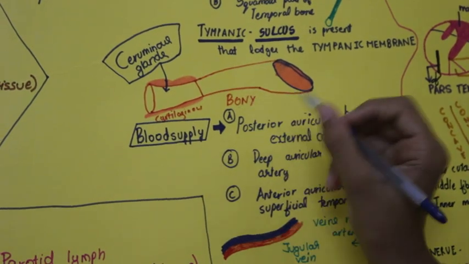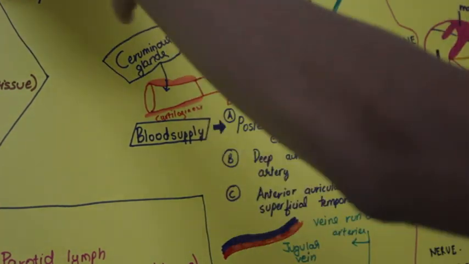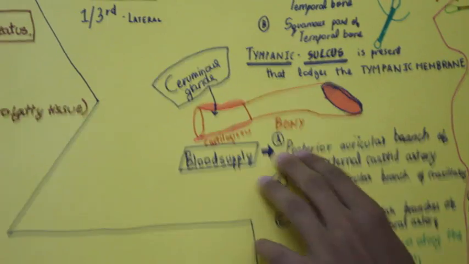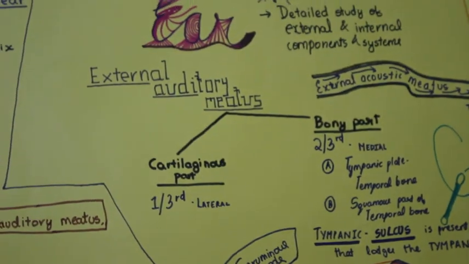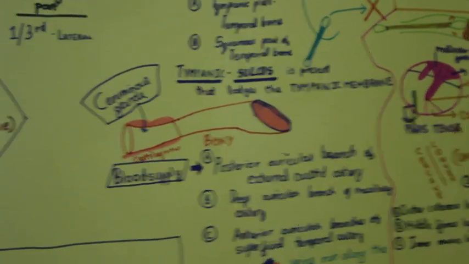This is the most part of it, because we have the temporal bone that lodges the external auditory meatus. So that's why the bony part is more over here, and the bony part also contains the tympanic membrane, which we'll also see now.